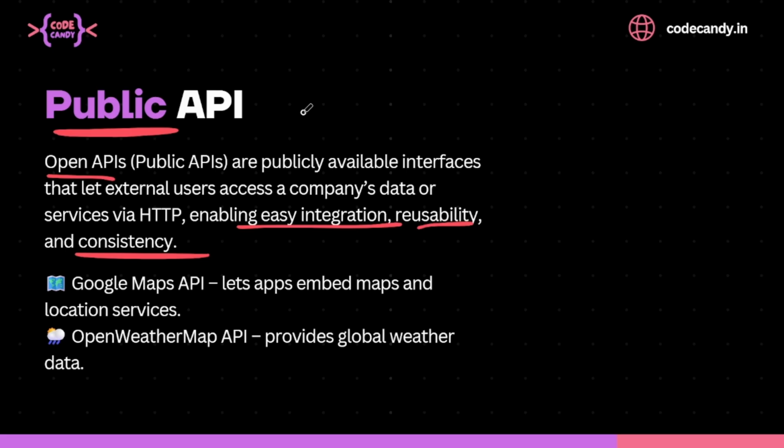External developers access company data or services through the internet. These APIs, like Google Maps and weather APIs, as I have mentioned here, help to embed maps, location services and weather data.